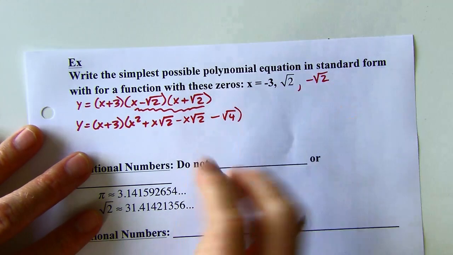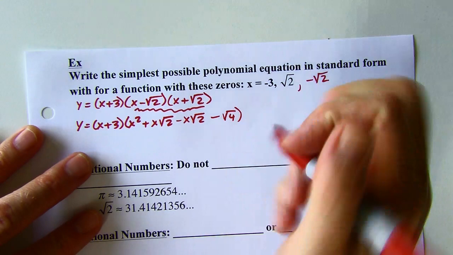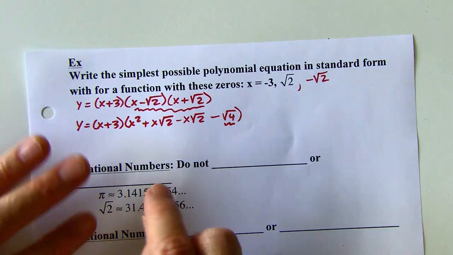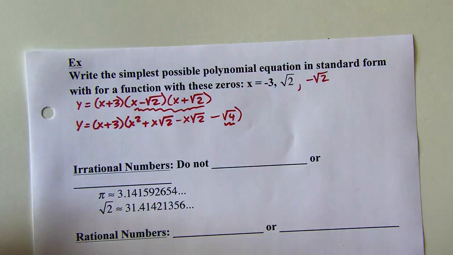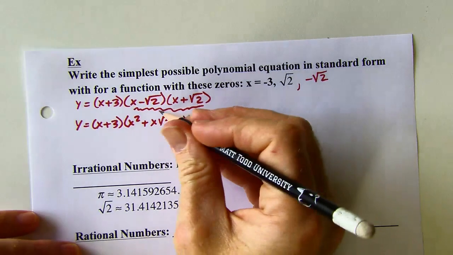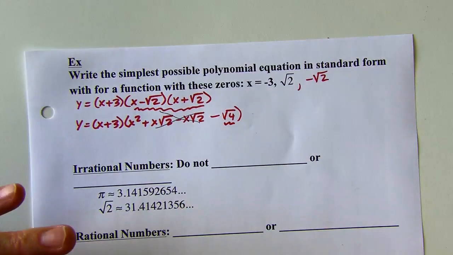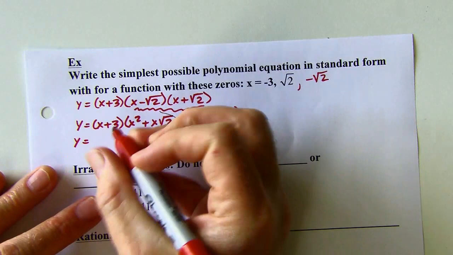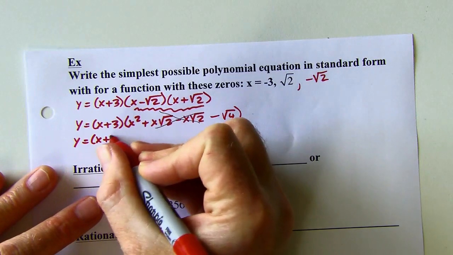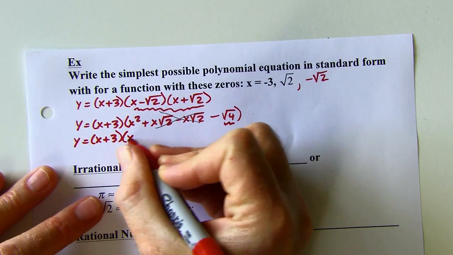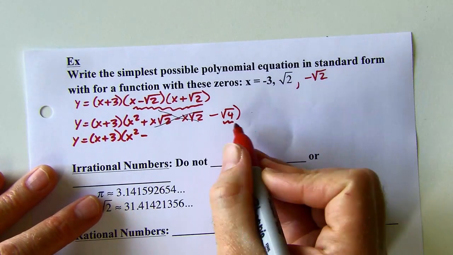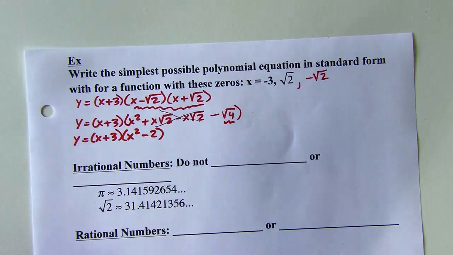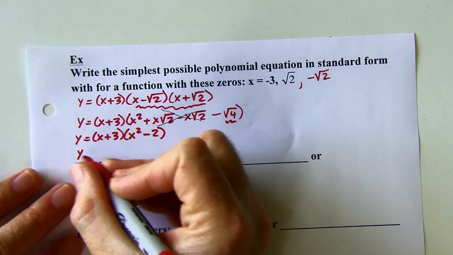And hey, root 4 is just 2, right? So I can simplify that part to 2, so I'm going to have negative 2 at the end there. Not only that, but my outer and inner terms are opposites, so those just drop out and make life a lot easier. So then I've got it down to x plus 3 times x squared minus 2, right? And then I just have to FOIL once more, and I can be on my way.